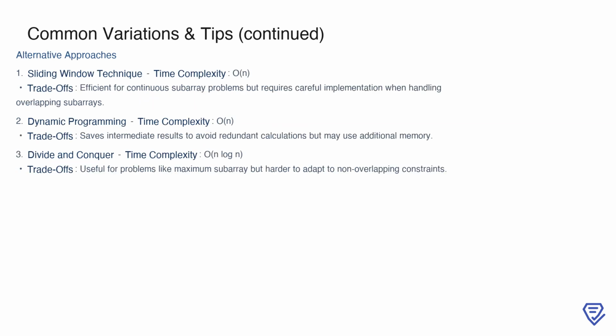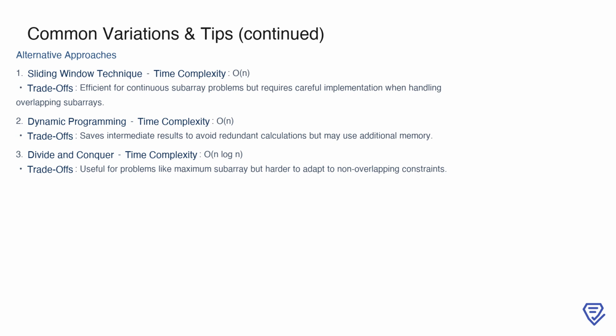There are also alternative approaches to consider when solving this problem. The sliding window technique is one such approach, offering a time complexity of O(n). This method is particularly efficient for continuous subarray problems, but it requires careful implementation to handle overlapping subarrays correctly. Dynamic programming is another powerful tool, also with a time complexity of O(n).